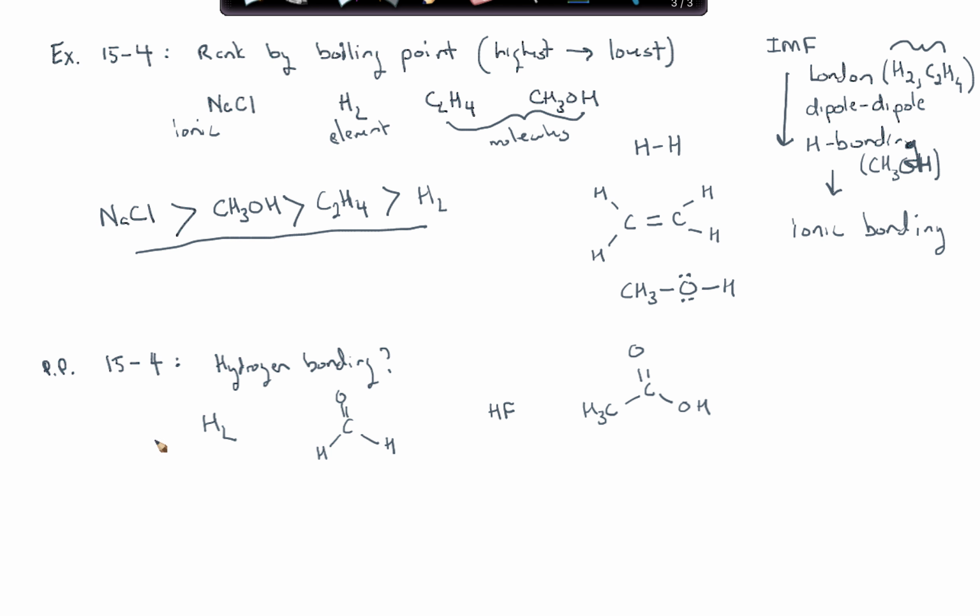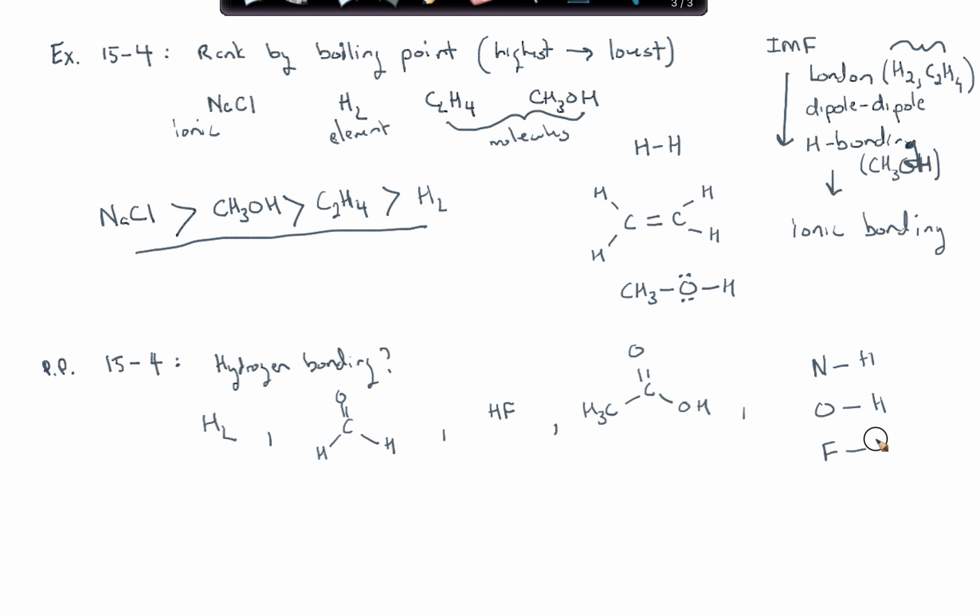The second part of the problem, practice problem 15.4, is just to look at these 4 different compounds and determine which ones contain hydrogen bonding. This is really easy. Remember, hydrogen bonding involves a nitrogen, an oxygen, or a fluorine being directly bonded to a hydrogen.